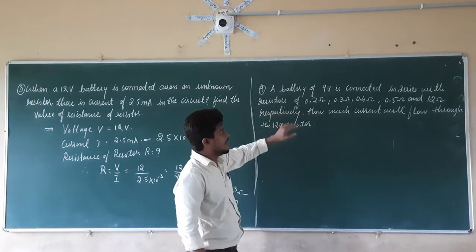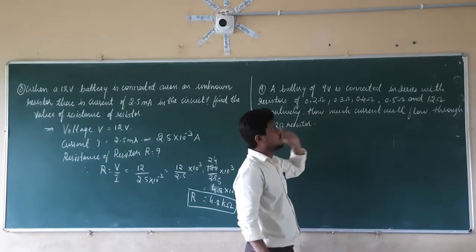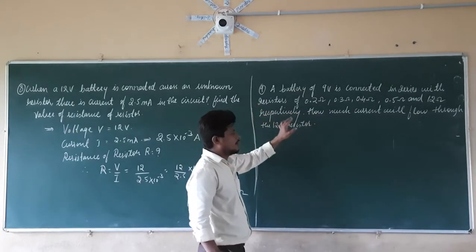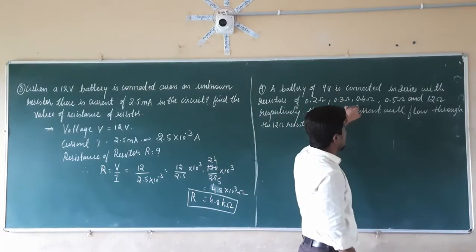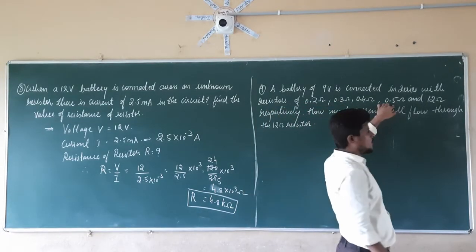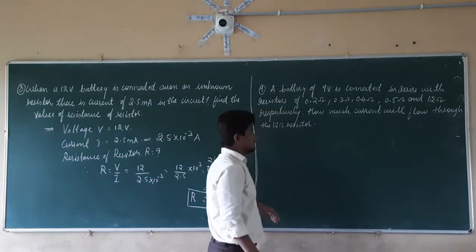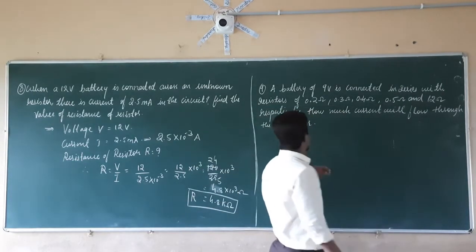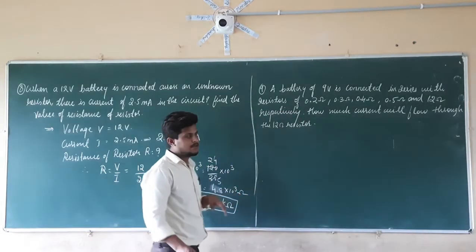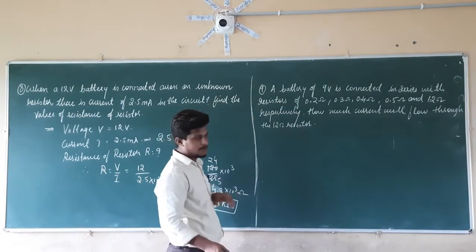A battery of 9 volt is connected in series with resistors of 0.2 ohms, 0.3 ohms, 0.4 ohms, 0.5 ohms and 12 ohms respectively. How much current will flow through the 12 ohm resistor?